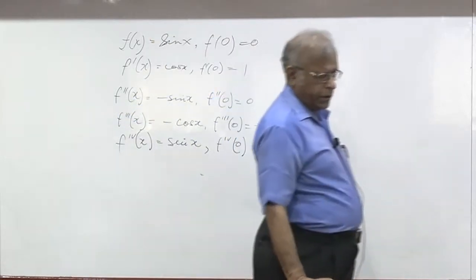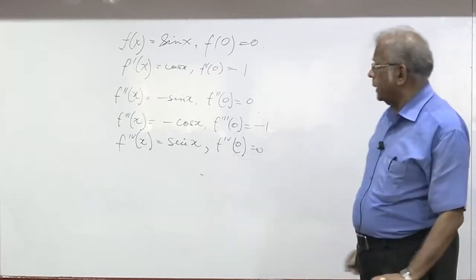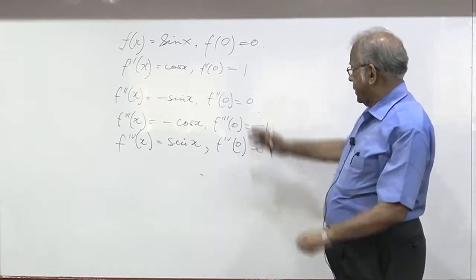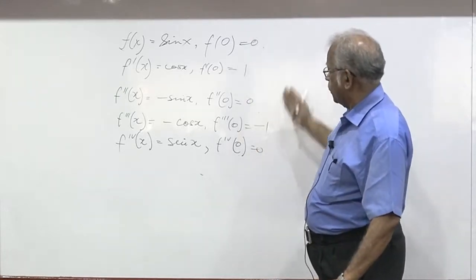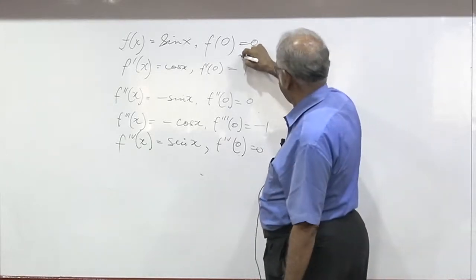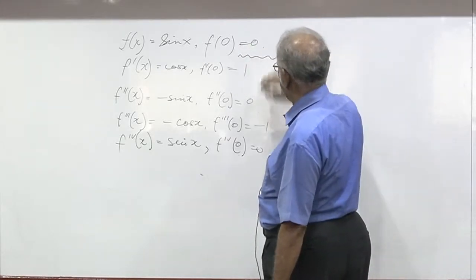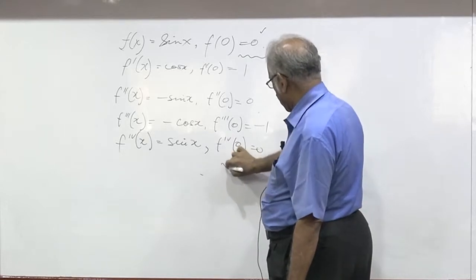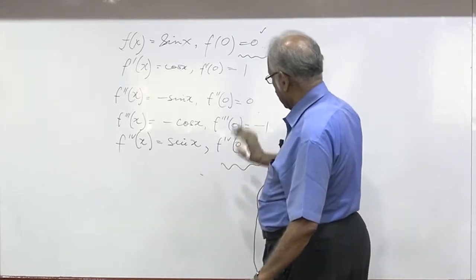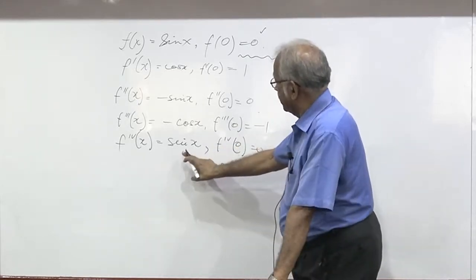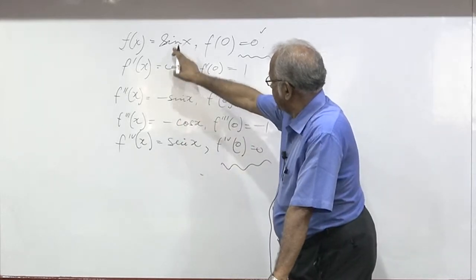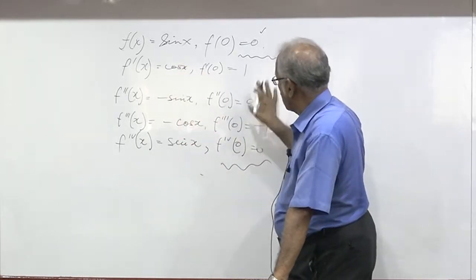Now it is very easy to see that we will get this set of values starting from here, not this value. If we keep on differentiating, we start at sine, then we get these values once again.